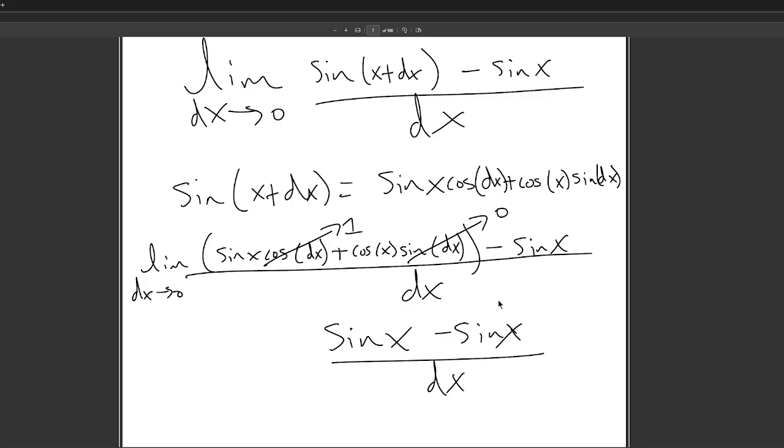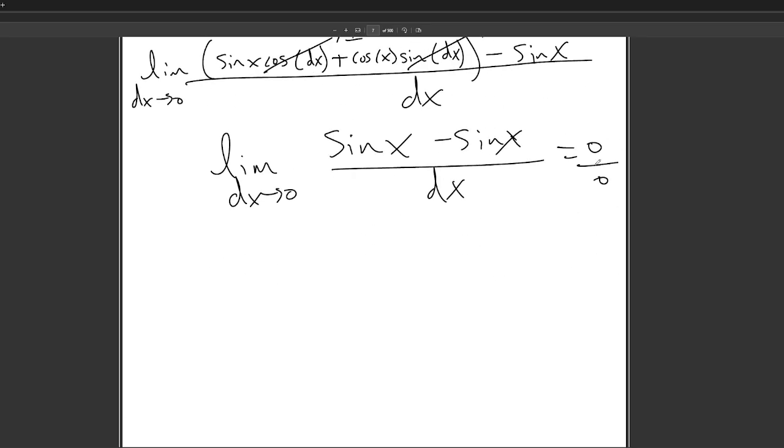Your dx is approaching zero, so you have a zero in the denominator and a zero on the top as well. This is why the limit definition is not really enough to evaluate these functions, because you get 0 over 0.